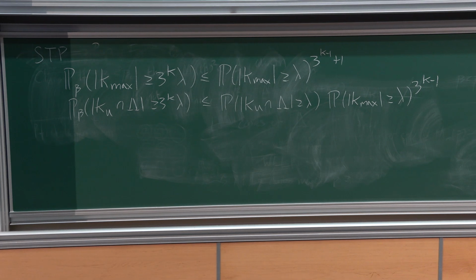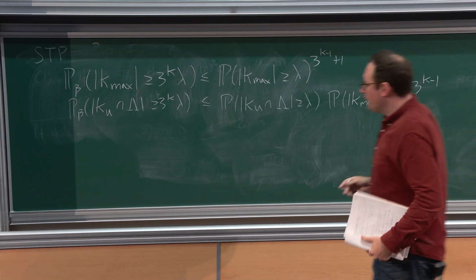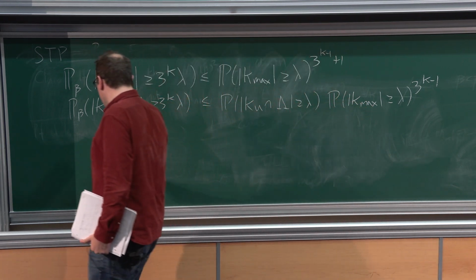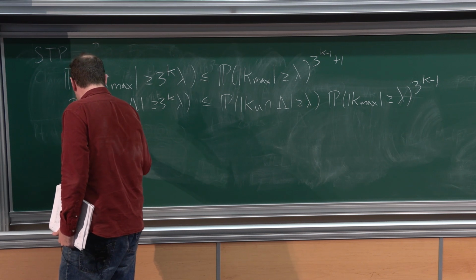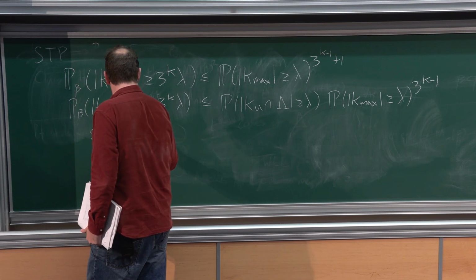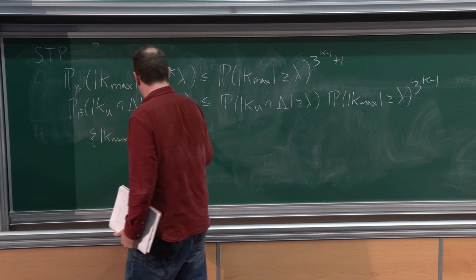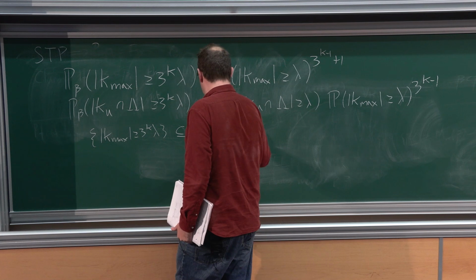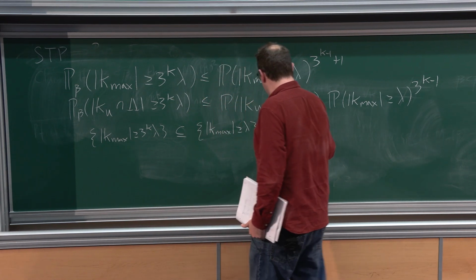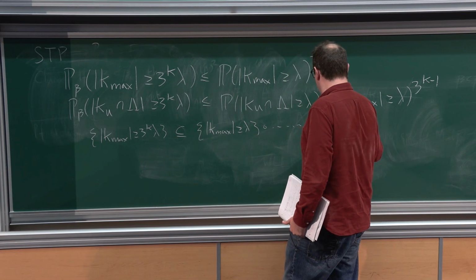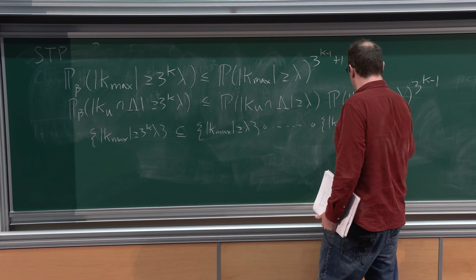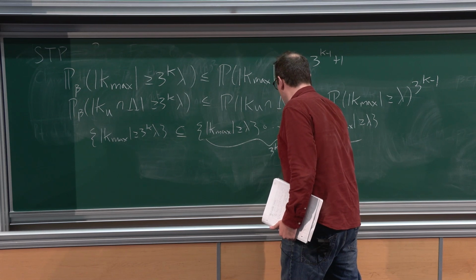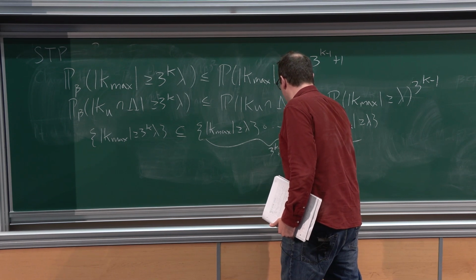Well, it's proven via the BK inequality. And really, it just follows from a certain inclusion of sets, which is really that you just get that this event is contained in the disjoint occurrence of this many copies of itself.